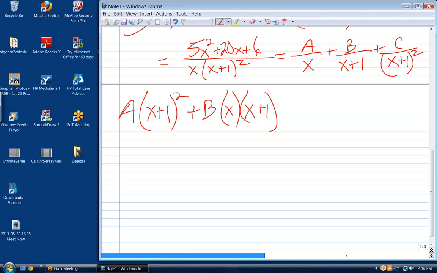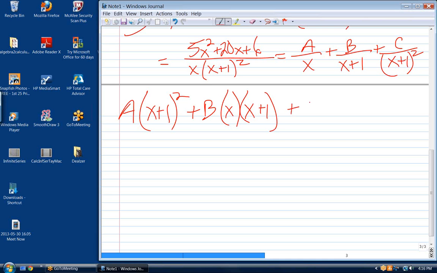And when I multiply A by x plus 1 squared over x plus 1 squared, I get it in the denominator and I get this in the numerator. And B needs to be multiplied by x times an x plus 1 over x times x plus 1, and that will give it the proper denominator.